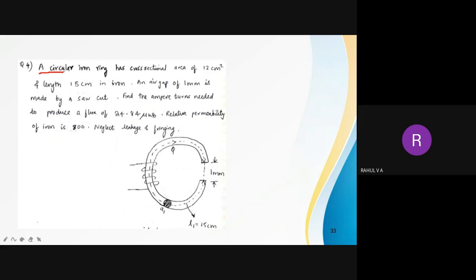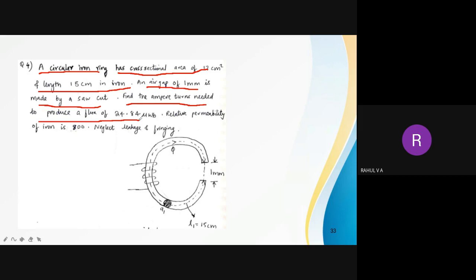A circular iron ring has a cross-sectional area of 12 centimeter square and length 15 centimeter in iron, and an air gap of 1 mm is made by a saw cut. Find the ampere turns needed to produce a flux of 24.84 microweber.